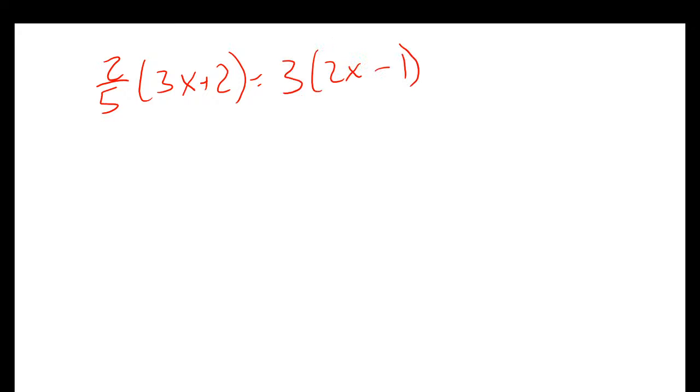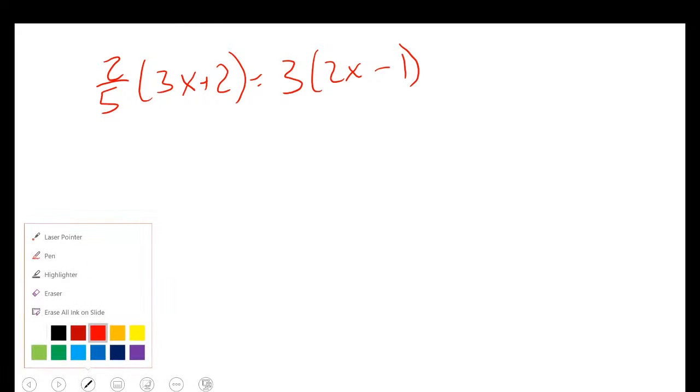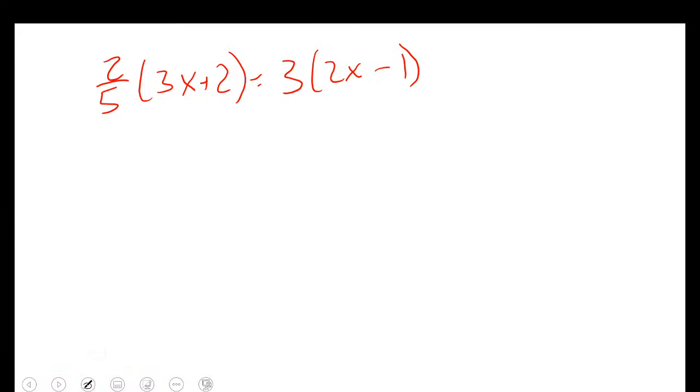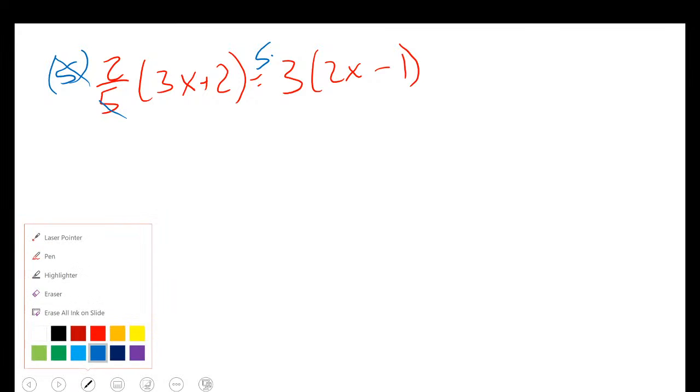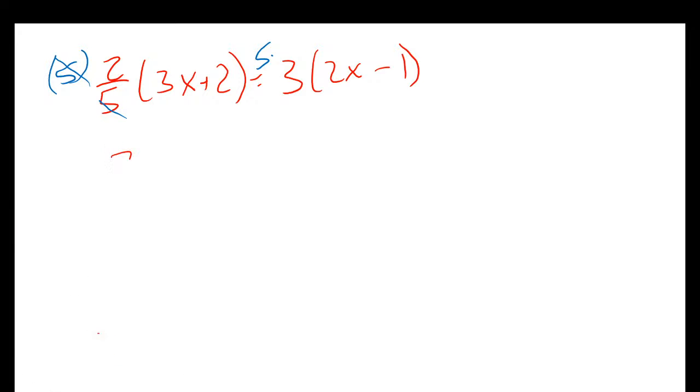Now what I'm going to do is multiply both sides by 5, and that's going to clear this off. And so what I'm going to get is 3x plus 2 equals 15, 2x minus 1.